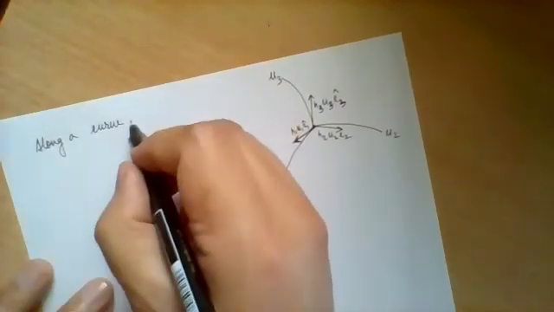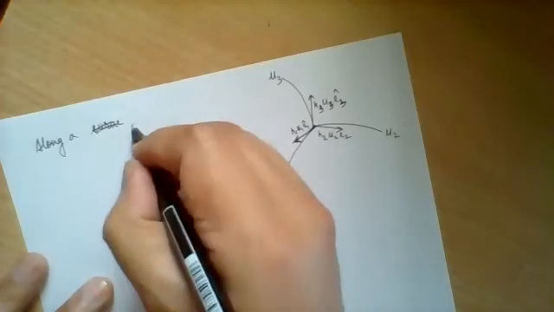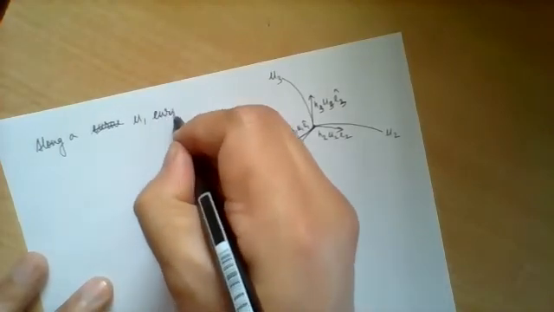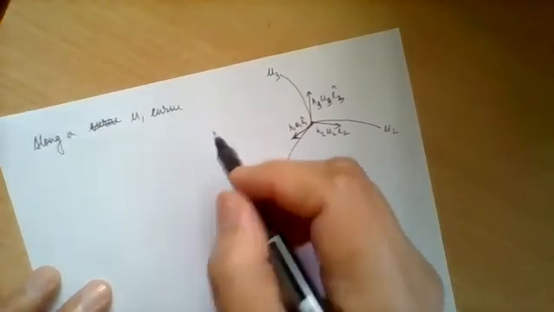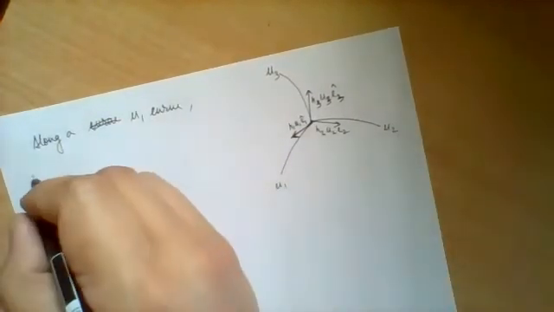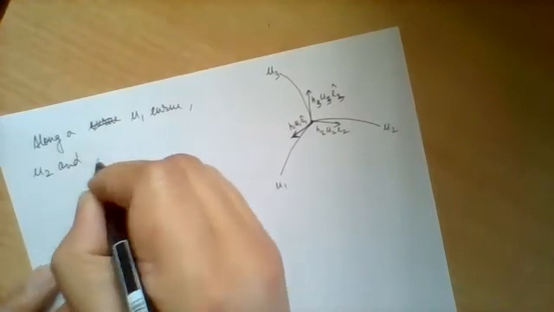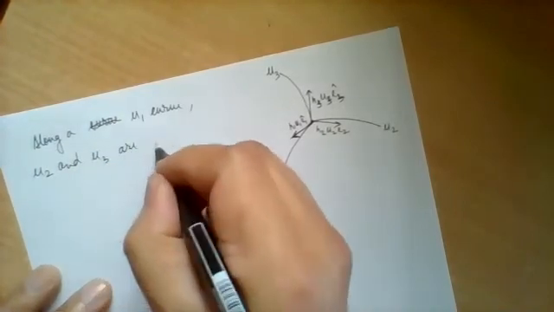So along a U1 curve, U2 and U3 are constants.